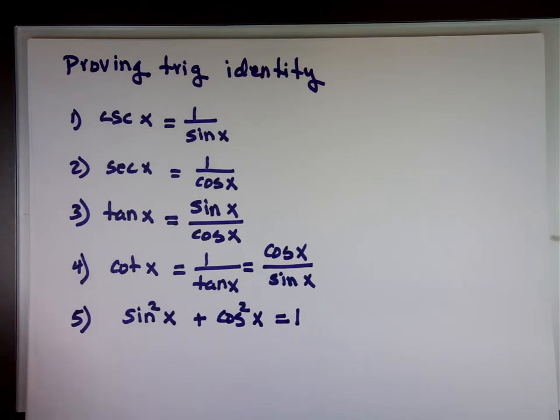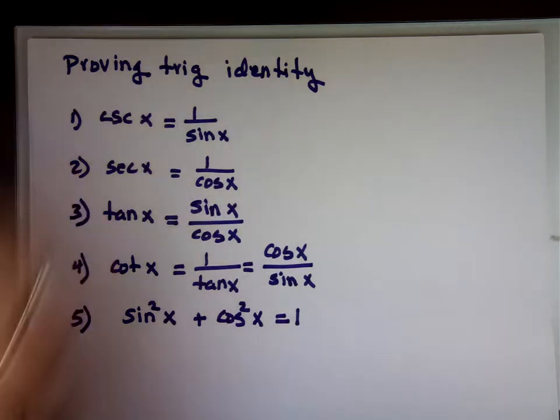Now, there are 2 more identities there on the board, 6 and 7. And those, I don't remember them. I'm going to derive them. I'm going to show you how simple it is to derive them. Take number 5, which is this one.